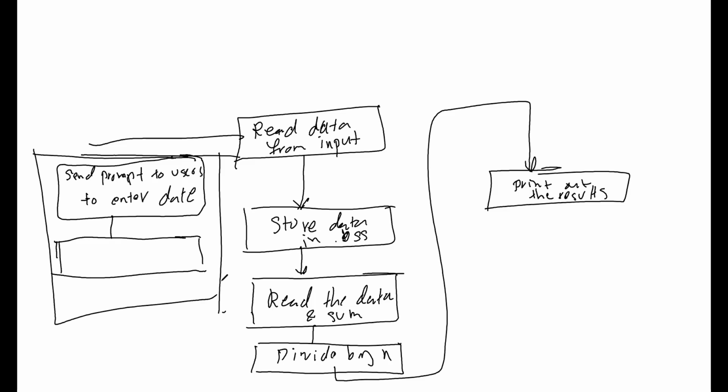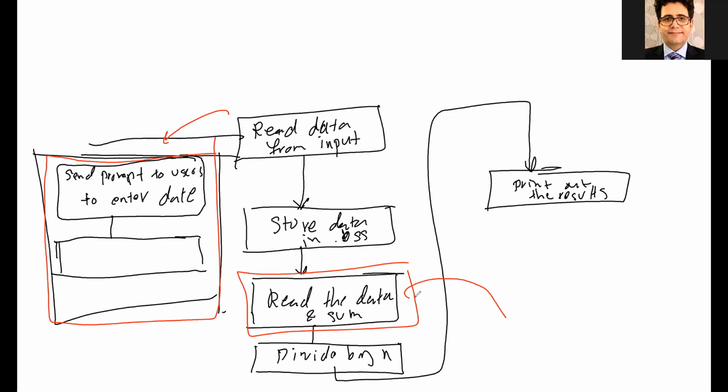So each of these blocks, let me write it with a different color, itself consists of multiple subblocks, right? So for example, in here, this can be broken into some subblocks. So you have to figure out how you want to do this in more detail in these subblocks, right?